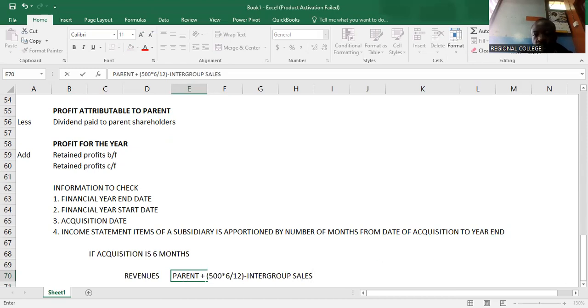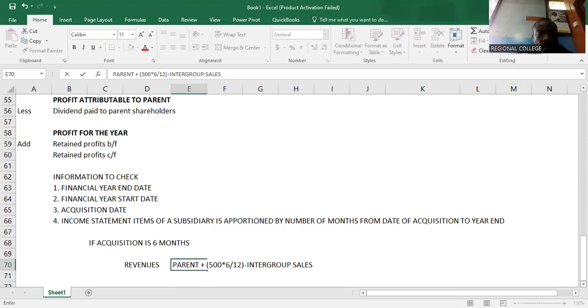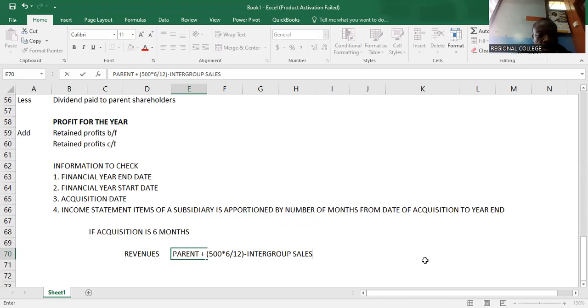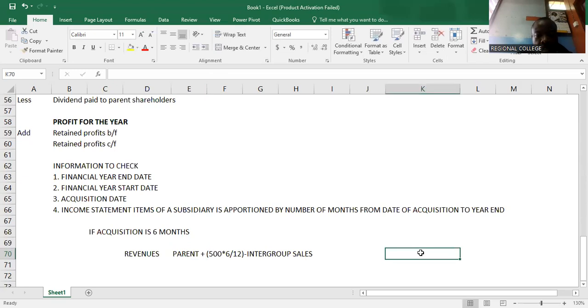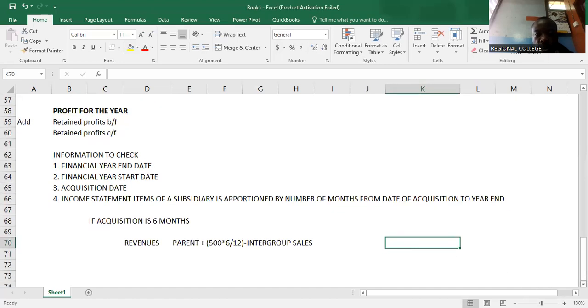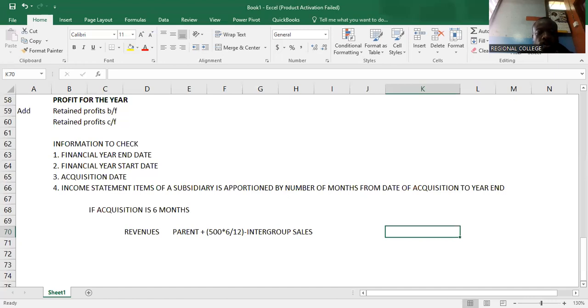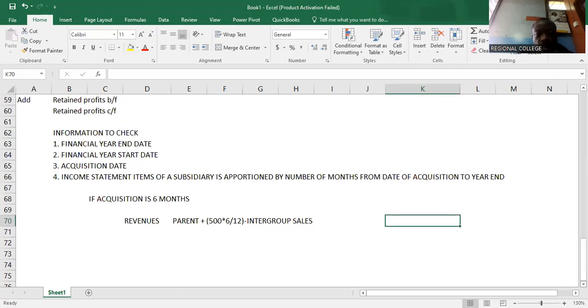So that is the benefit of checking the financial information. When is the financial year ending? When did the acquisition take place? So that you don't go wrong with the subsidiary items. If you don't check that one, all of the information will be wrong. So that is how you can adjust your income statement items of a subsidiary.